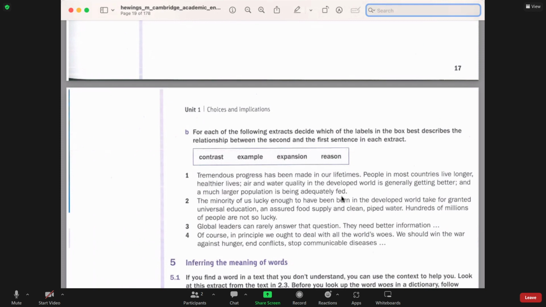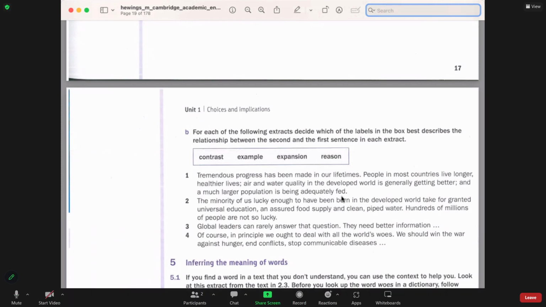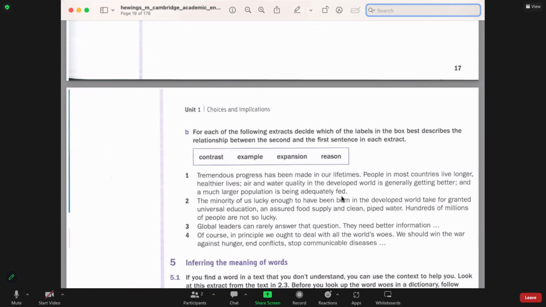They are quite similar. And what about number 4? So between 1 and 4, we have to decide where the example is and where the expansion is. What about number 4? It's example of problems, world problems. Yeah, for example, war, hunger, conflicts, and other.